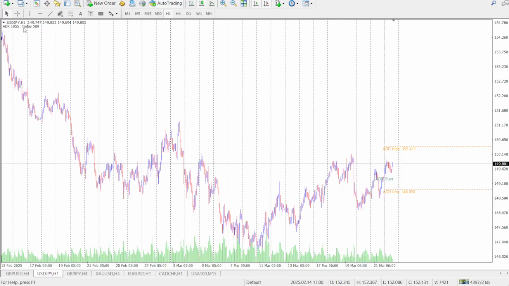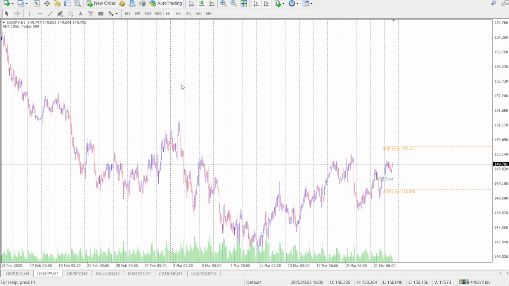You can see up here, the top left corner of the screen. The indicator is based on the ATR calculation, allowing traders to customize its settings for different trading styles.